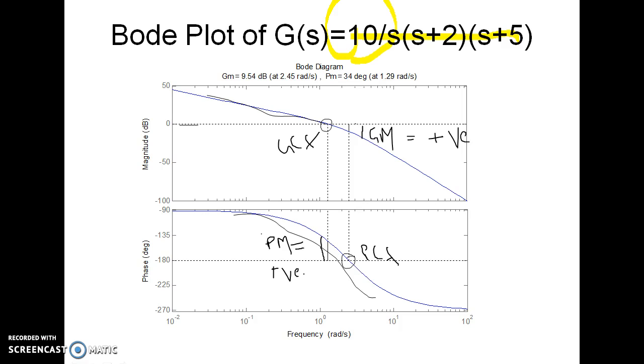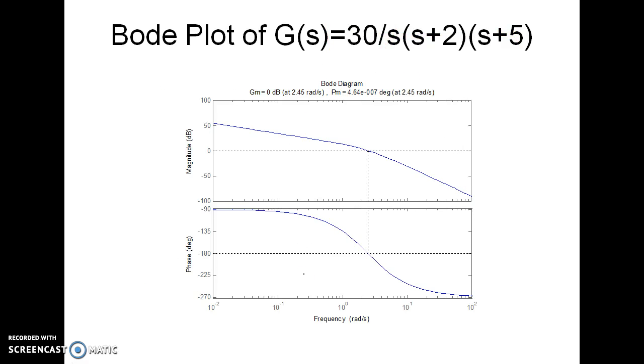Now let us see the Bode plot of the same system with a different gain. Here I have taken a gain of 30, and you see that in this case the GCF and PCF are the same. So in this case you do not get any margins.